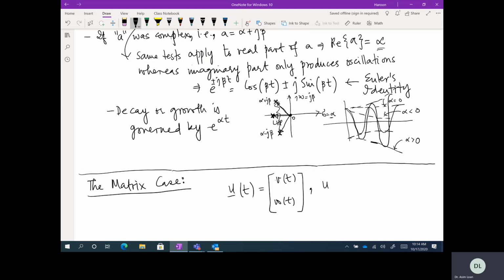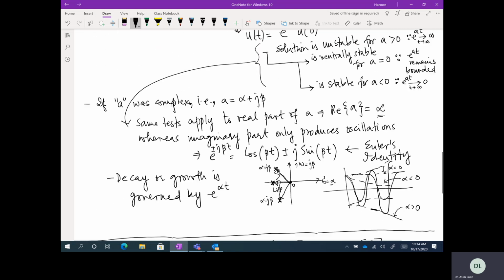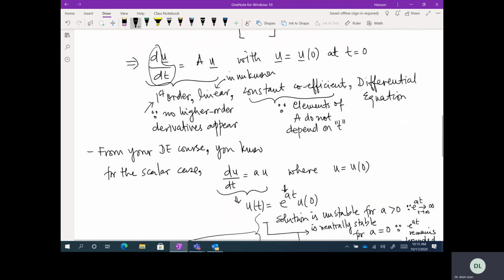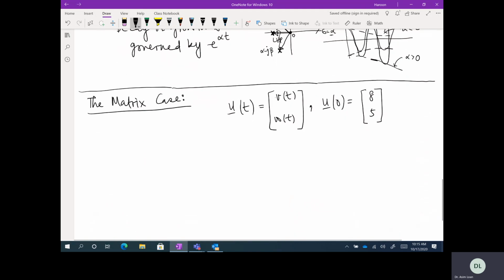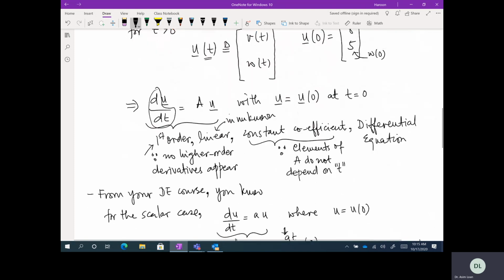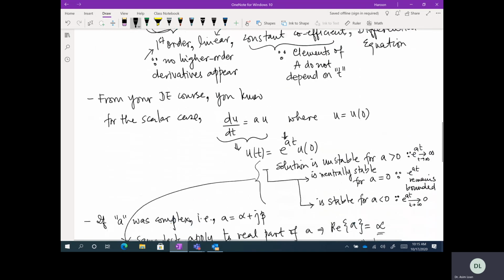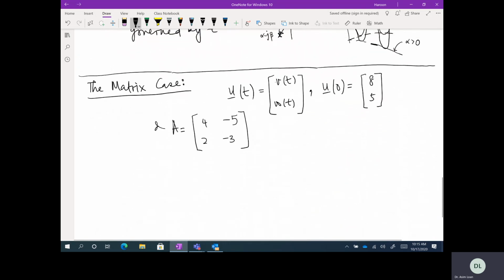My u of 0 is 8 and 5. And A equals 4, minus 5, 2, minus 3. Is this right? And then we have du/dt equals A u. So this is the equation that we want to solve.